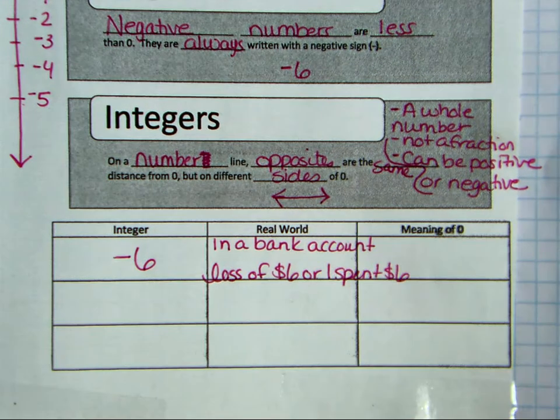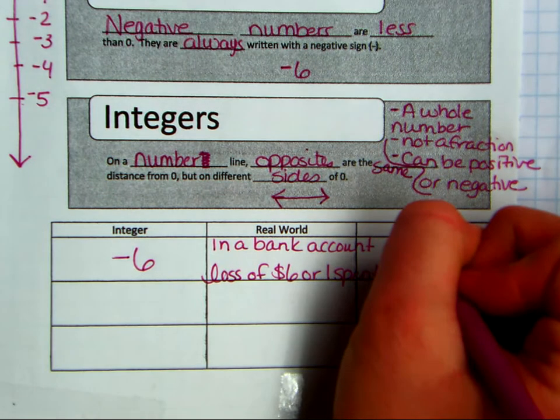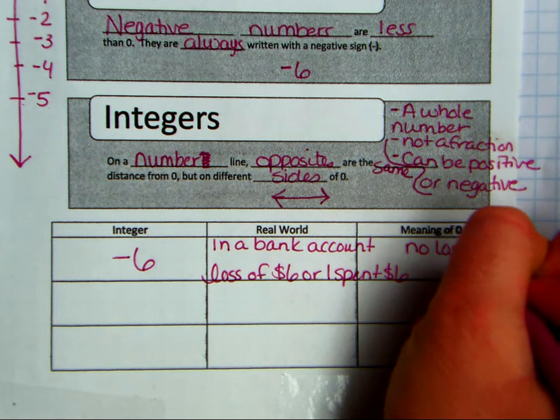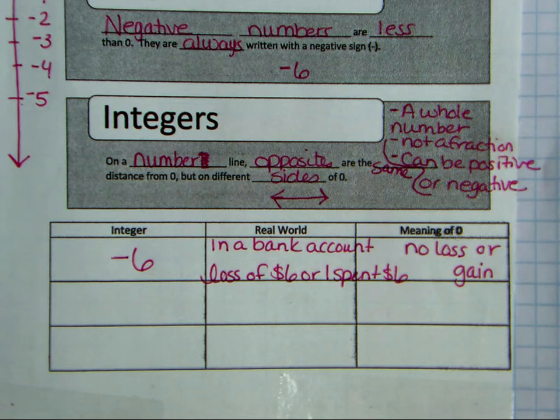So when you look at my bank account, you'll see I put my paycheck in, and then I pay my gas bill, and that comes out, and that would be a negative number coming out of my bank account. When I put my paycheck in, that's a positive number coming in. And so there you can see how a negative or a positive is being used in the real world. In this situation, the meaning of 0 would be no loss or gain. It would just be a blank, empty balance. You haven't added money or taken money away.